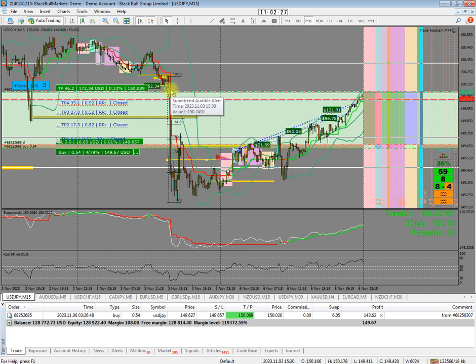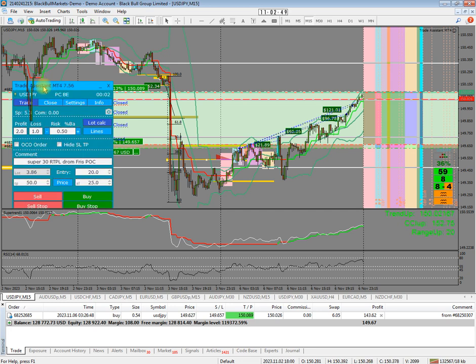I wish I could gather statistics on how many times this actually plays out. It's very hard to do. I don't know how to do it. If anybody does, it would be very nice. So anyway, I just set my lines using the trade assistant.